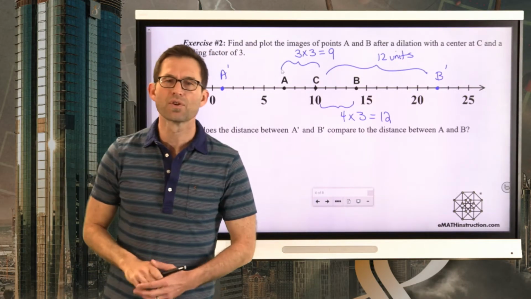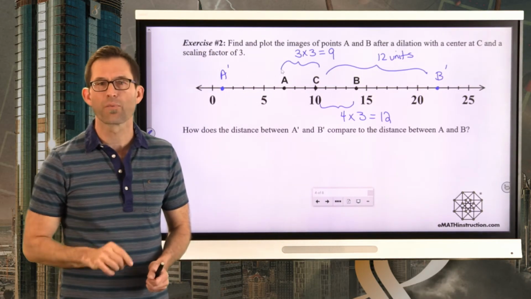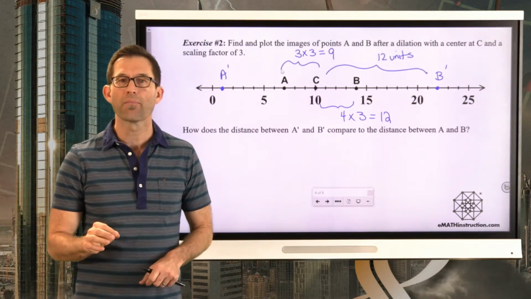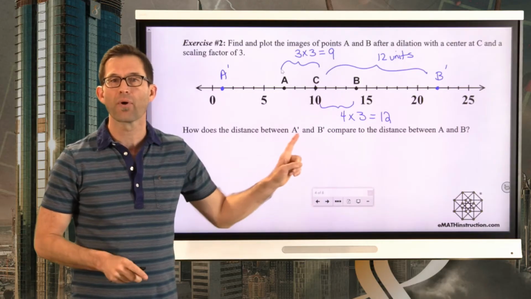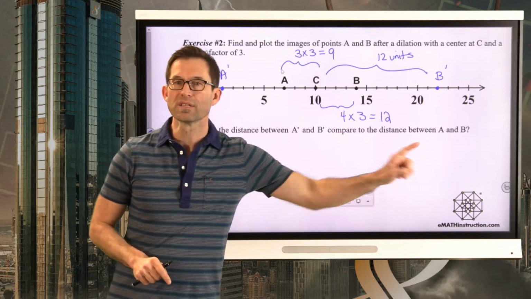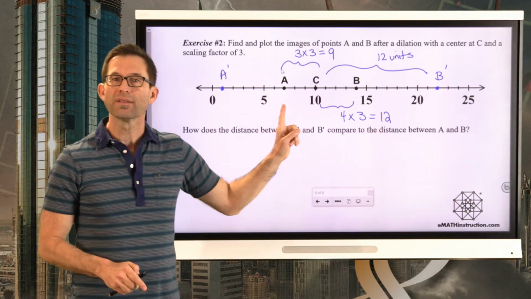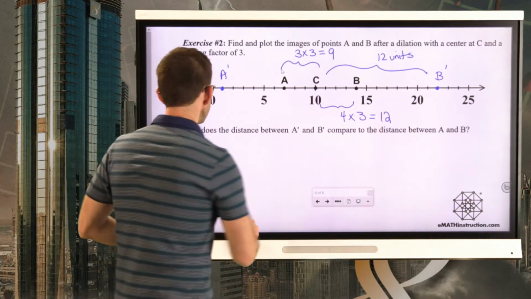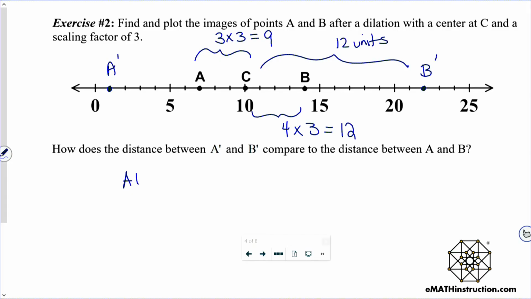Now let's see if that observation that we saw in the last problem holds. How does the distance between A prime and B prime compare to the distance between A and B? Well, A is sitting here at 7, B is at 14. So originally, the distance AB is 7 units.